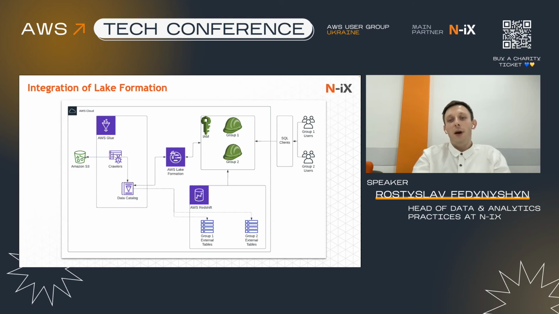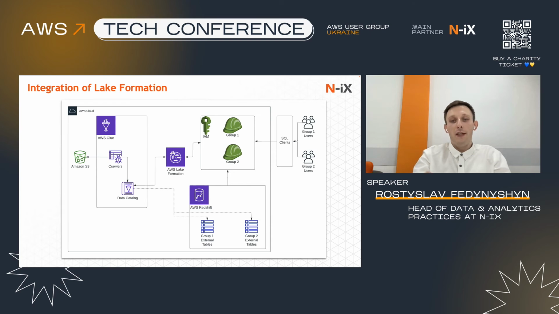And Lake Formation allows us to simplify this access management. It uses the AWS Glue Data Catalog to provide access control for Amazon S3 data lake with the most commonly used AWS analytics services. So this solution workflow consists of the following steps.